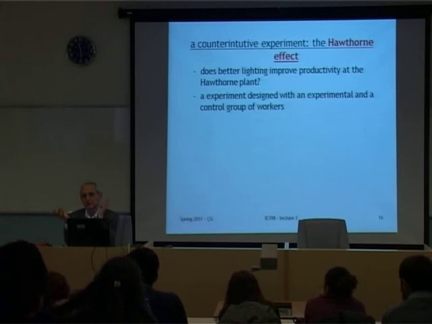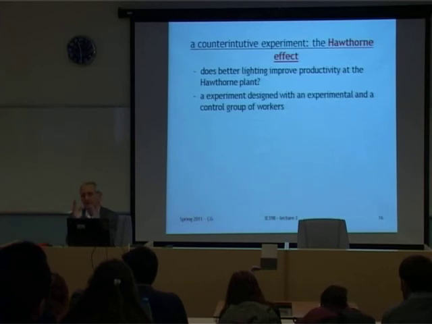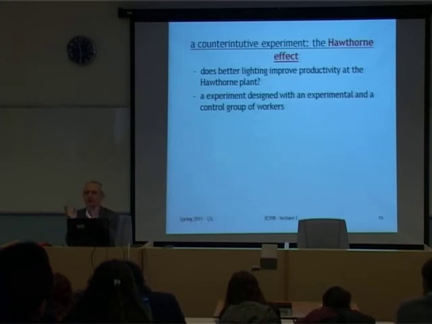Usually, experiments can be conducted to see whether there's a cause and effect relationship. If you are very lucky, if the situation is suitable, you can conduct what we call a controlled experiment. This is the most powerful tool in science.